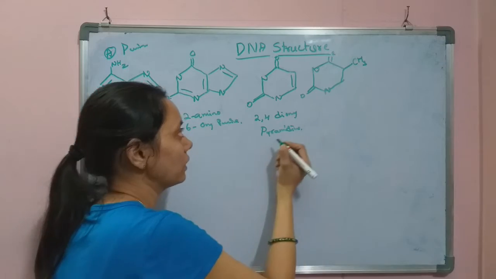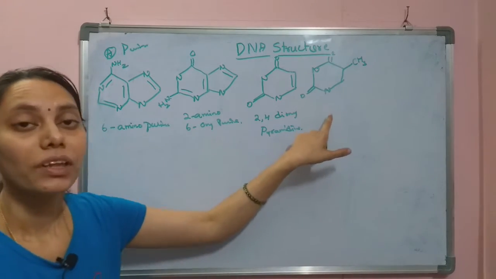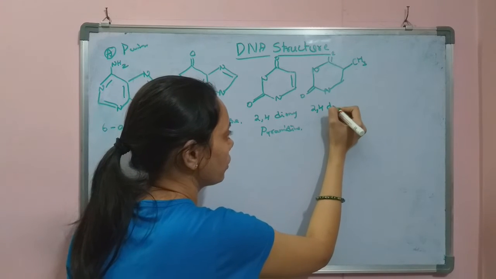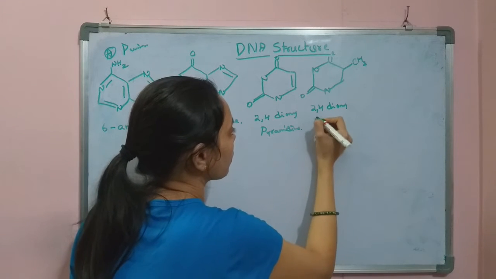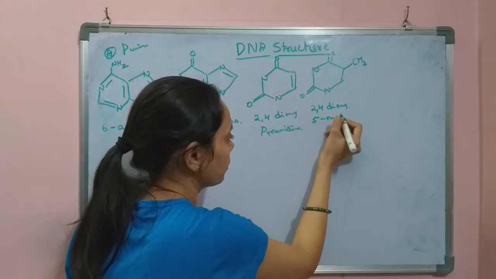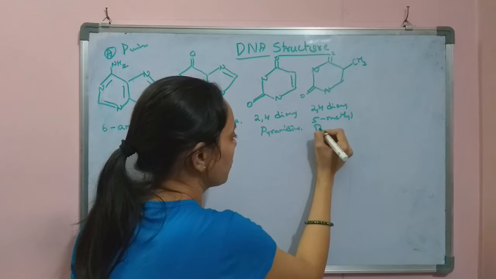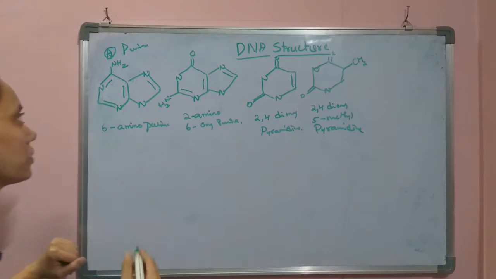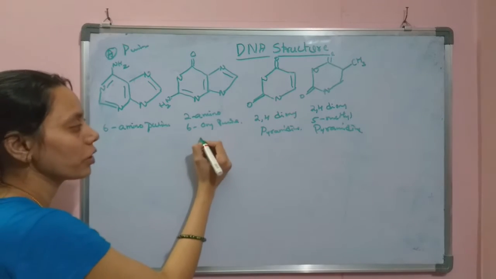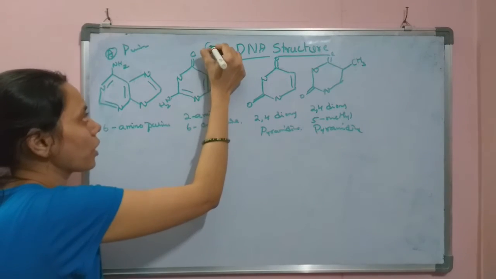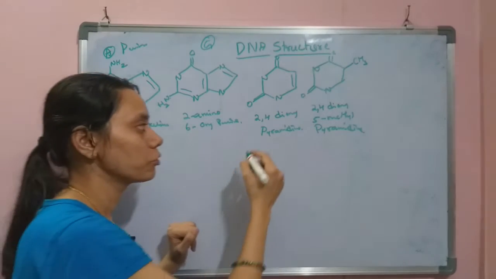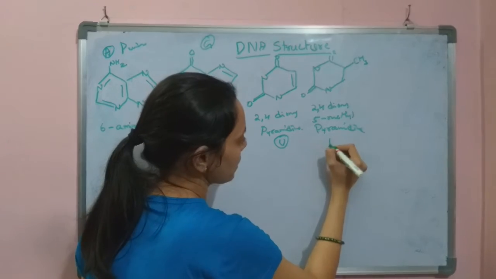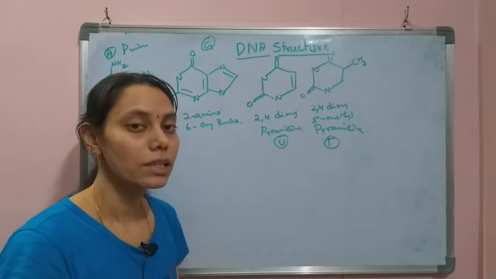So thymine is 2,4 dioxy 5-methyl pyrimidine. So this is adenine, 2 amino 6 oxypurine is the guanine, 2,4 dioxypyrimidine is the uracil, and here is the thymine. Only cytosine is left.